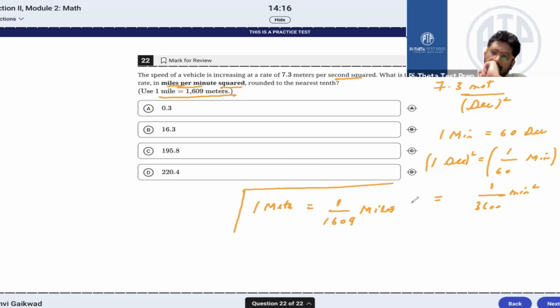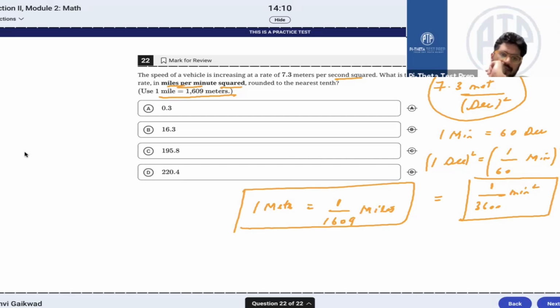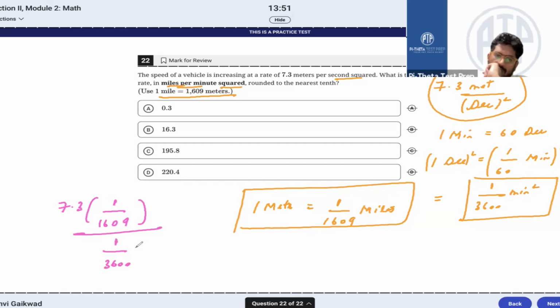So this part and this part, we have to input directly here. Now I will rewrite this again. This will become 7.3. What is meter? 1 meter is 1 upon 1609 miles, and divide by second squared. Second squared is how much? 1 upon 3600 minute squared, right?